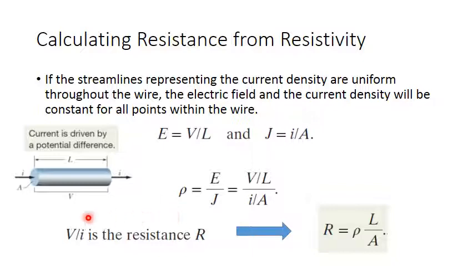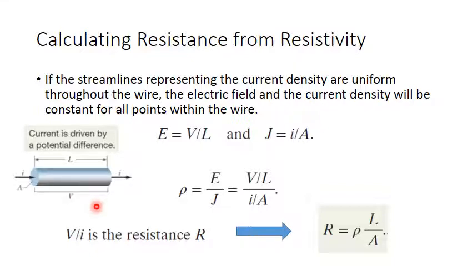And if we apply the potential difference from this side to this side and measure the current in this way, we will find another resistance. That's because in this way we have the length and the area, and in this way we have another length and another area.